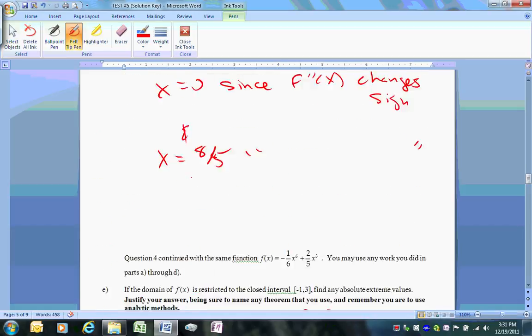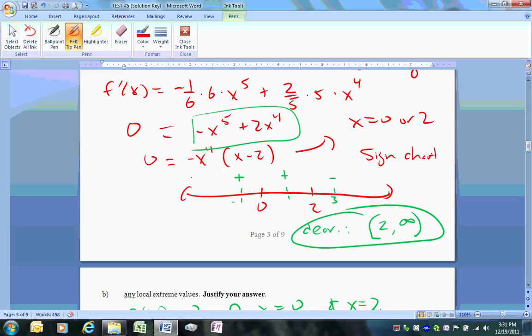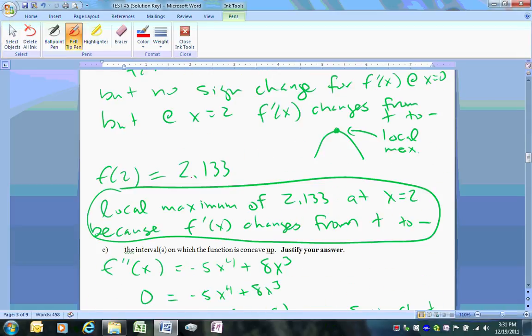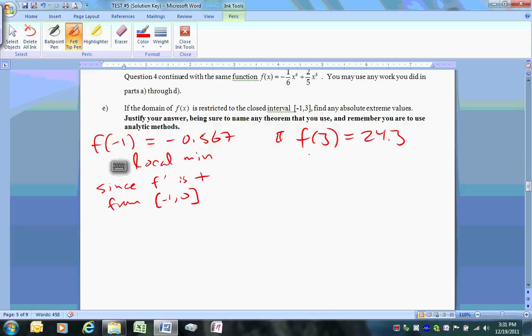And then for f of 3, if we take a closer look, on that interval from 2 to 3 in the first derivative, we see that it's a decreasing function because the derivative is negative. So it makes that a local min as well.